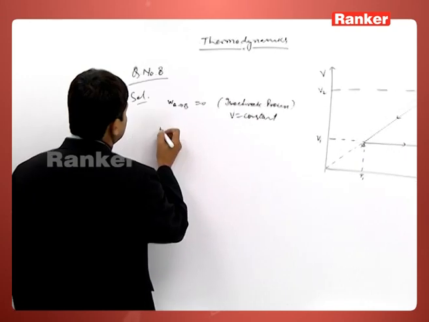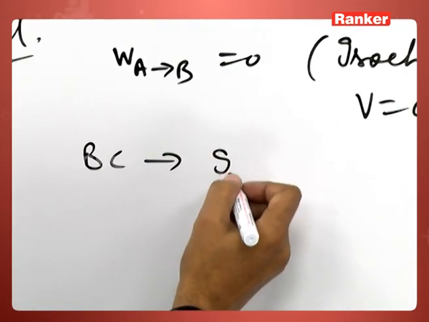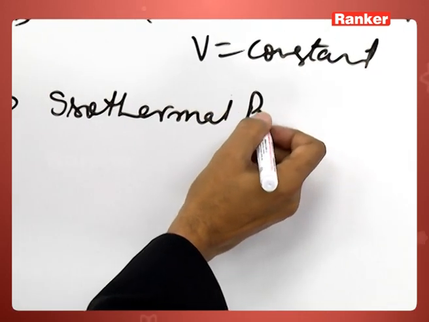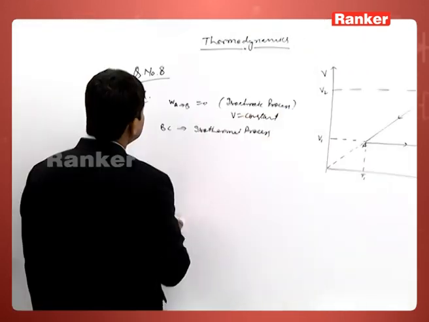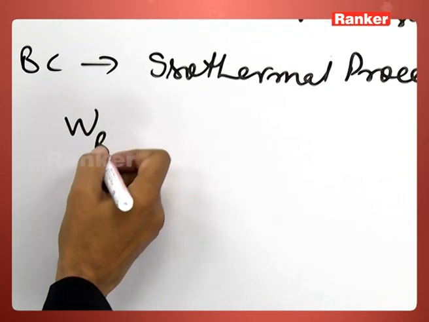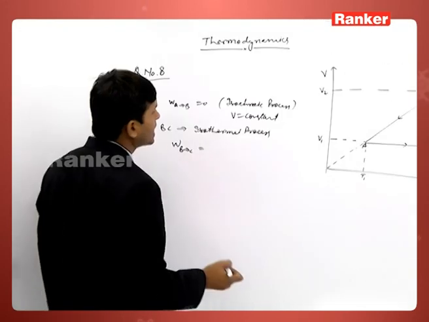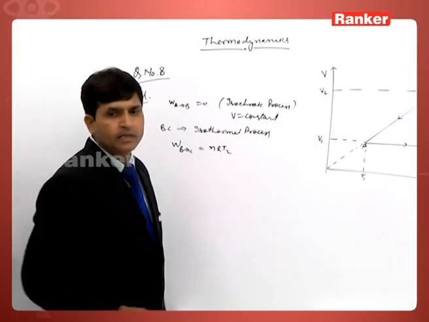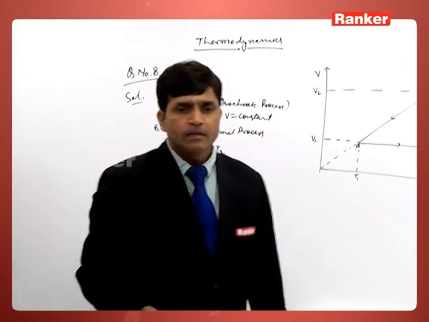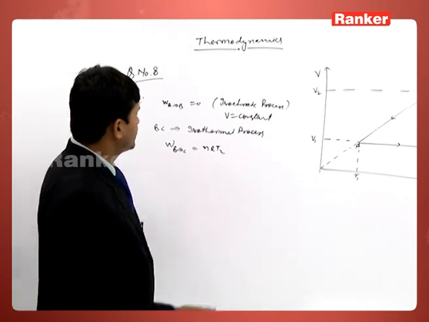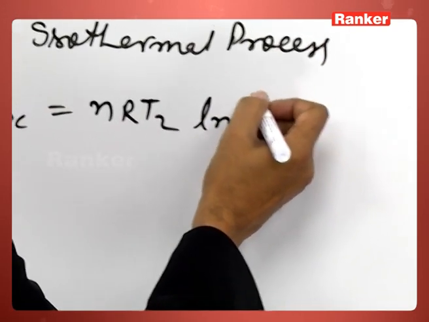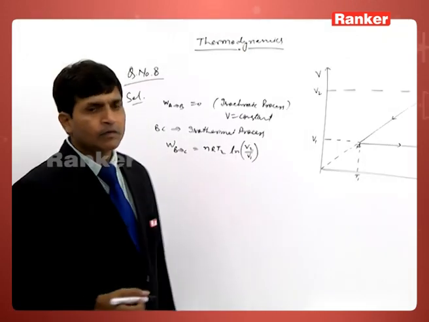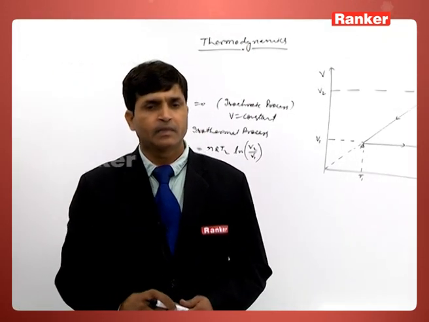B to C is an isothermal process. Work done in BC is nRT2 ln V2 by V1. This is the work done in B to C.